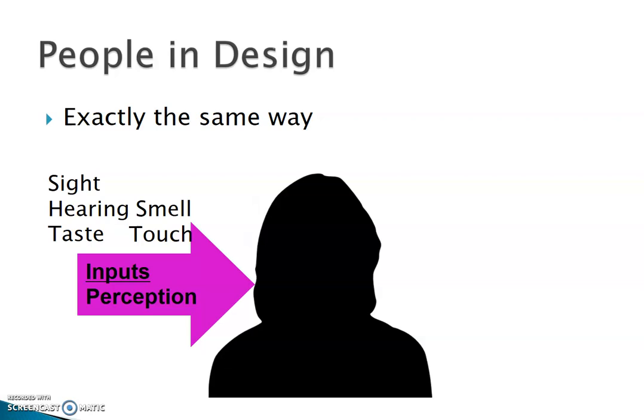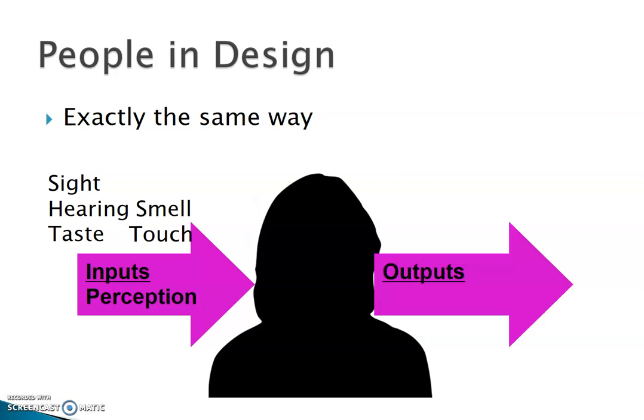And depending on the topic I'm teaching, it might depend on which channel I'm reaching to. If I'm teaching culinary arts, I might focus on taste. If I'm doing graphics, I might focus on vision. So it just depends on where we're going with it. But those are the kinds of inputs a human being has, the perceptual or sensory inputs.